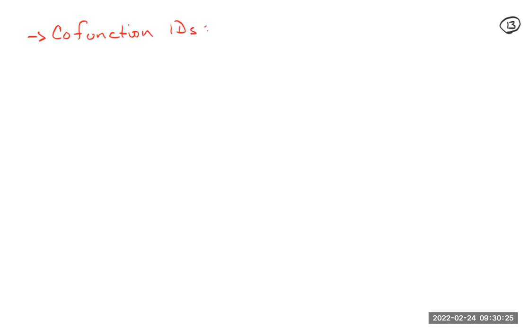All right, the co-function IDs. Many of you probably already noticed this. Did you notice that the sine and cosine of pi over 6 and pi over 3 are the same numbers, just in the other order? Cofunction is two angles that add up to 90 degrees, or pi over 2.